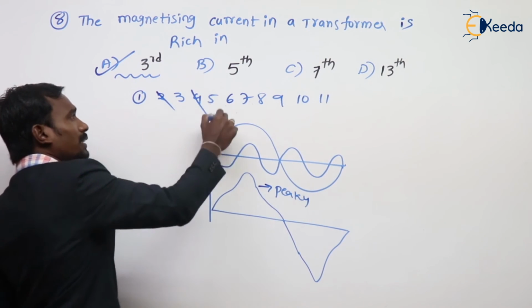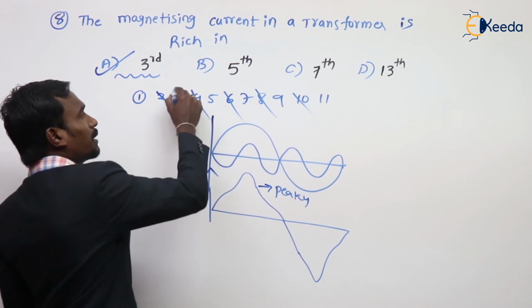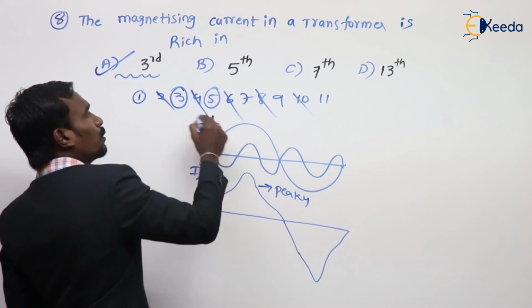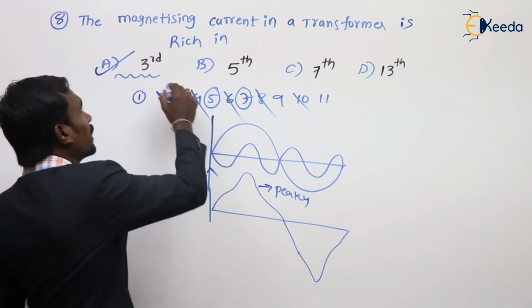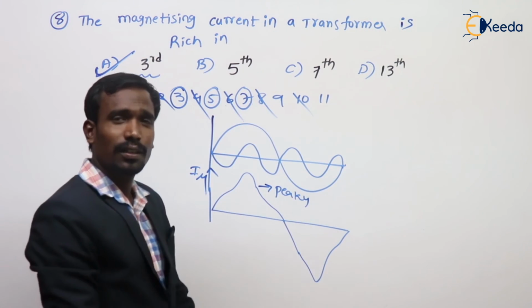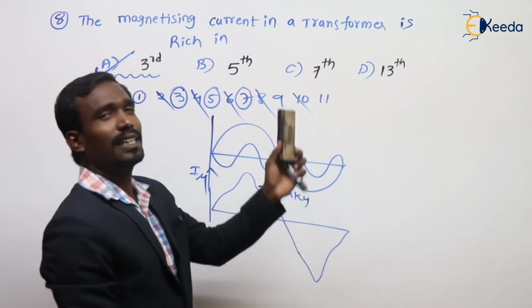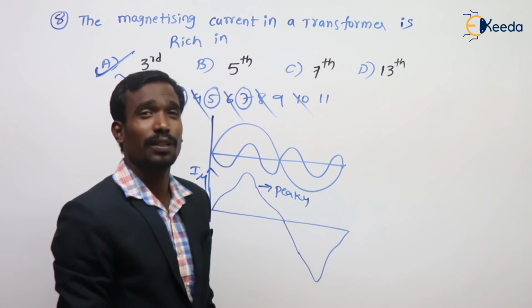Here even harmonics are already eliminated. Remaining harmonics are triplen harmonics, fifth group harmonics and seventh group harmonics. In that, the third group or triplen harmonics are richest in the magnetizing current of a transformer. This is a very simple question, right?